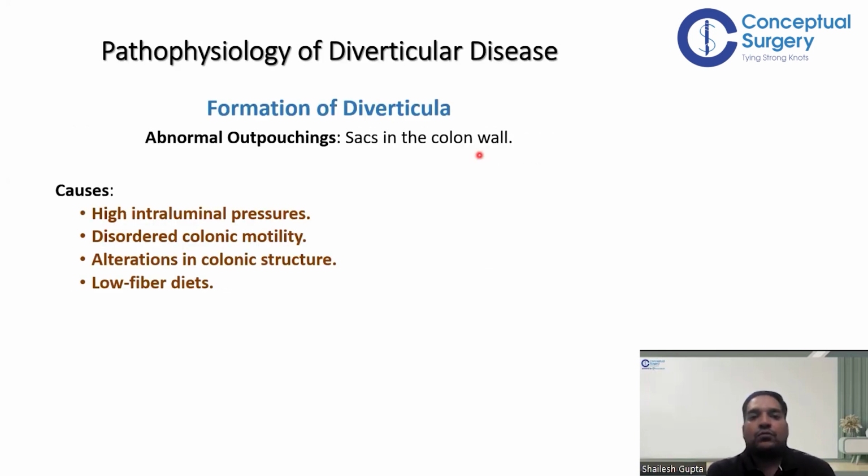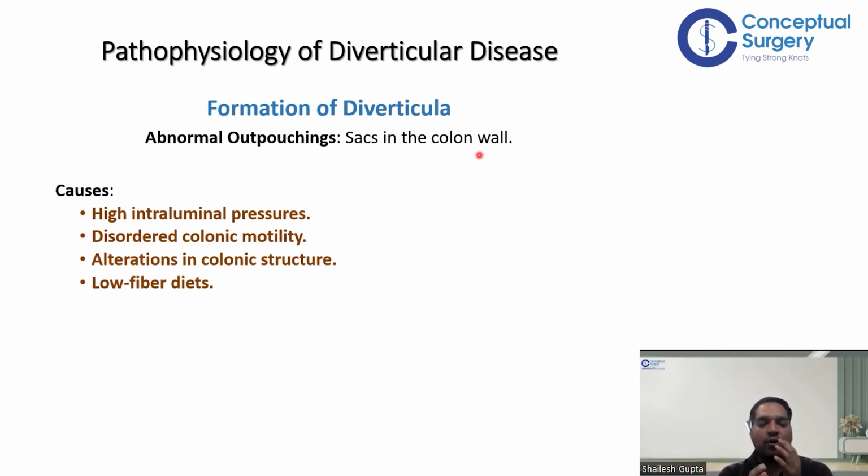So now I'm going to discuss what is written in the suggestion. So basically, diverticula is abnormal outpouching in the colon wall. What are the causes? Our causes are high colon intraluminal pressure, number 1, disorder colonic motility, alteration in the colonic structure, and the low fiber diet.